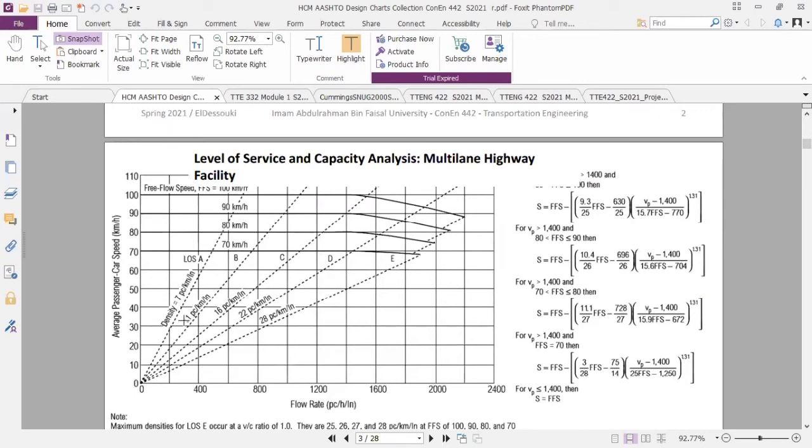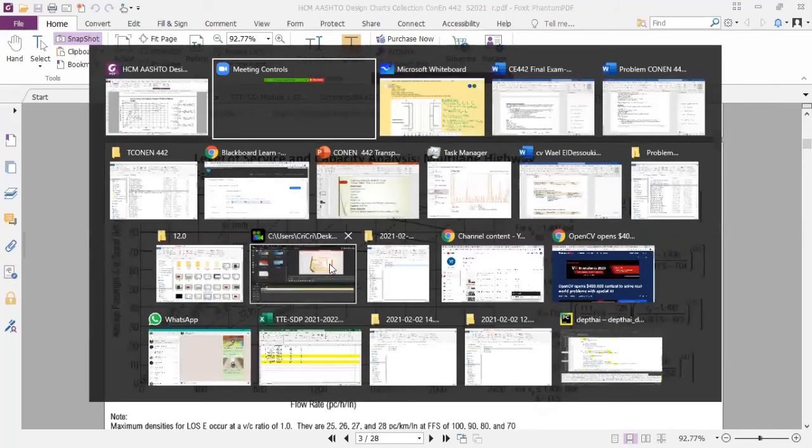So our current level of service is B. The problem says that during construction we can accept the level of service to drop, but at maximum it can drop 2 levels. So it can go down to D.